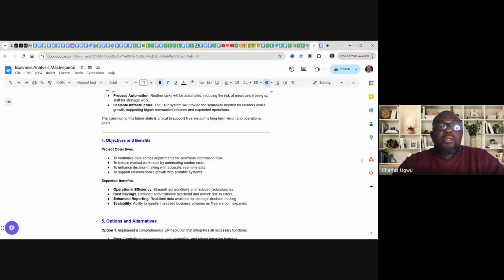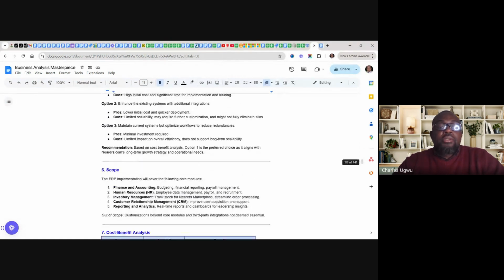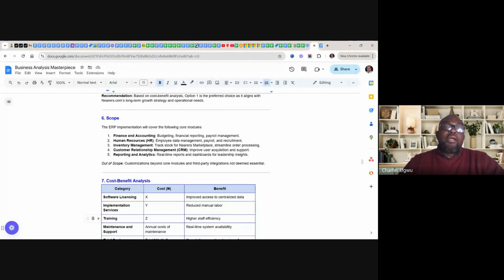This is a benefit of ERP, and equally something I want to show us, scope. Yeah, this is where we can see. Can you see what ERP can cover?